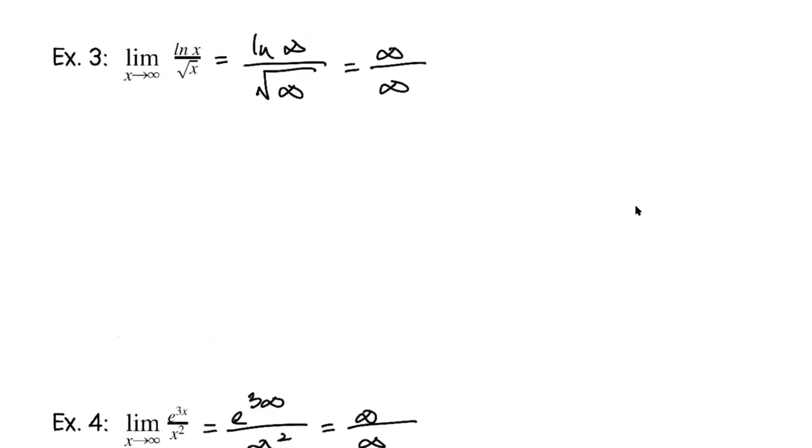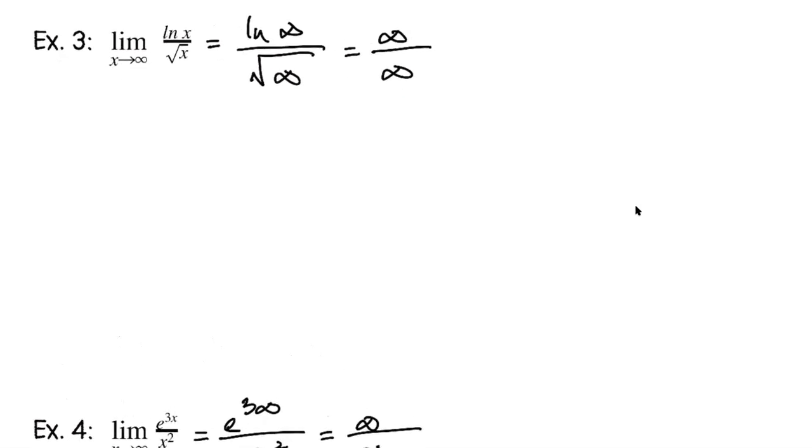So let's take a look at example 3 first. All right. Derivative of the natural log of x. What do we get? 1 over x. 1 over x, very nice.